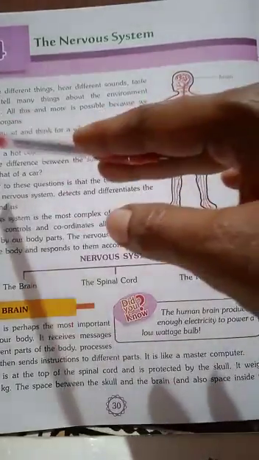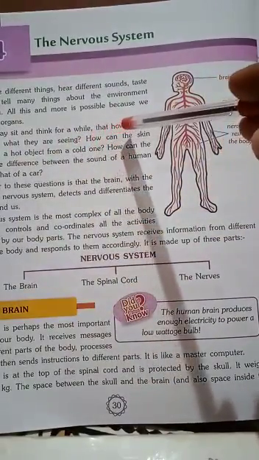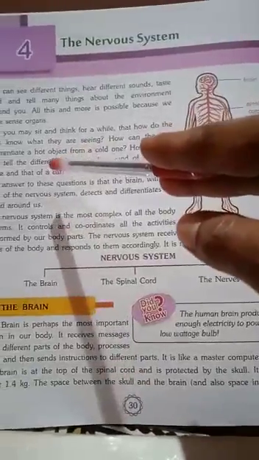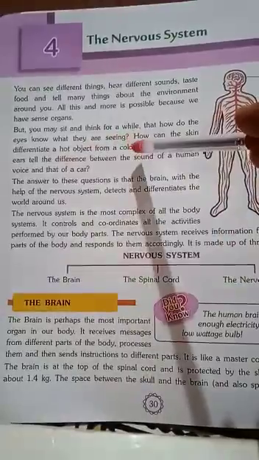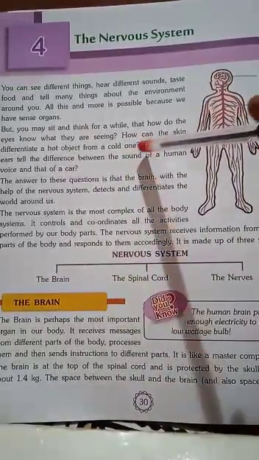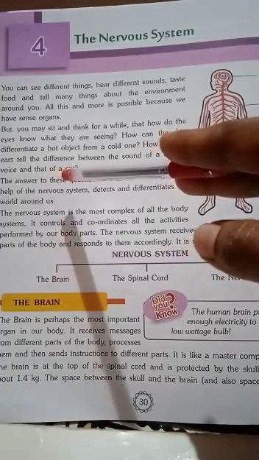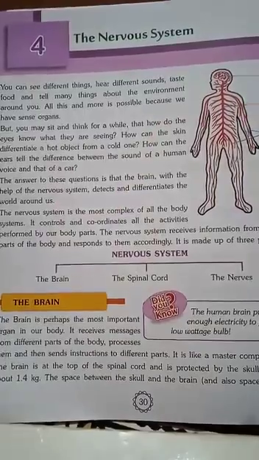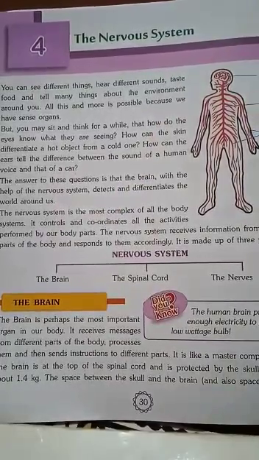You may sit and think for a while: how do the eyes know what they are seeing? How can the skin differentiate a hot object from a cold one? How can ears tell the difference between the sound of a human voice and a car sound?